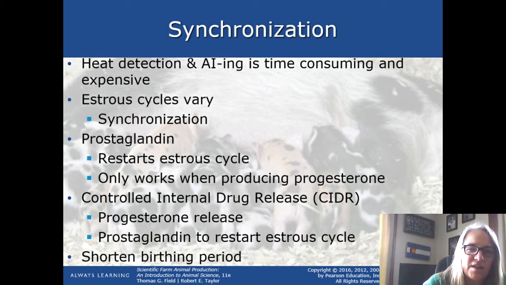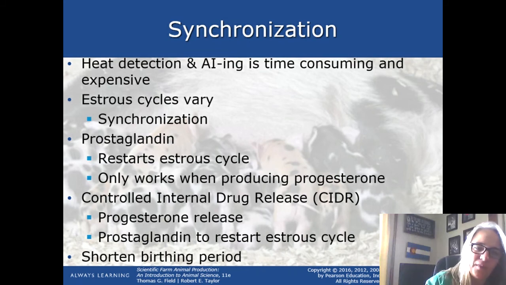The first is that many times we use a process called synchronization before we AI. And that means that because animals' estrus cycles happen whenever biologically the body wants them to, we want them to happen at the same time. It's not economical to have an AI tech visit the farm once per day just in case an animal is in estrus.